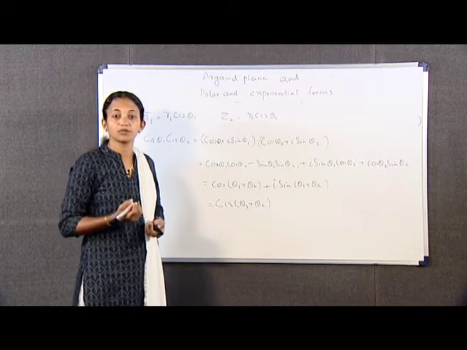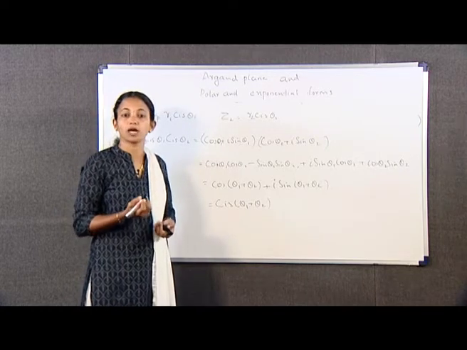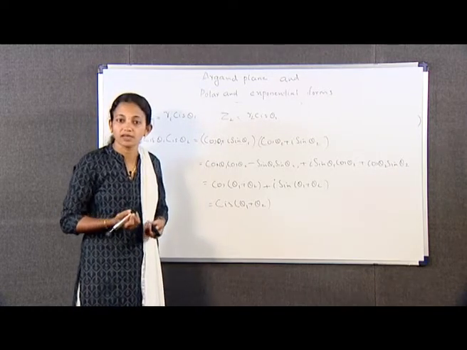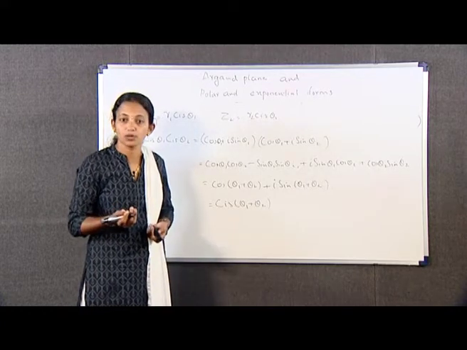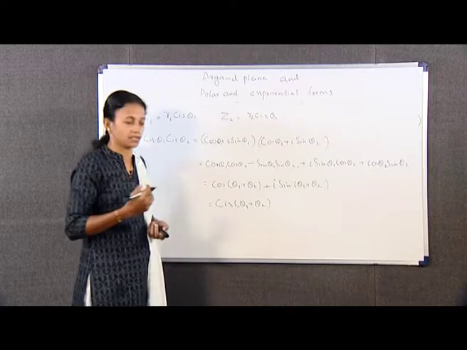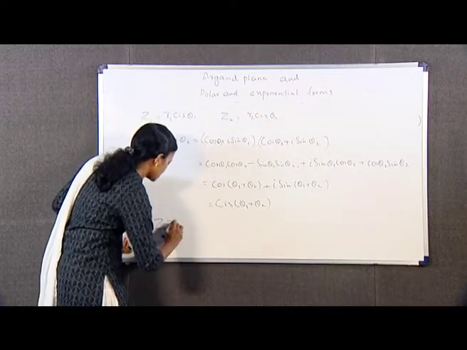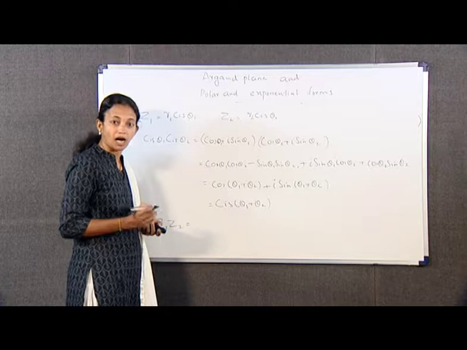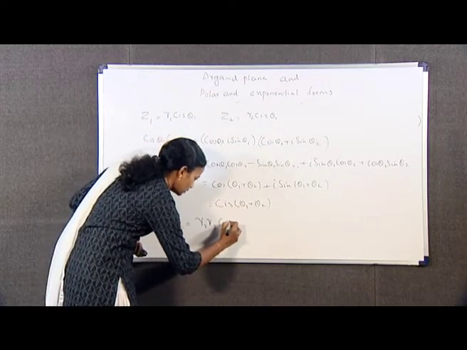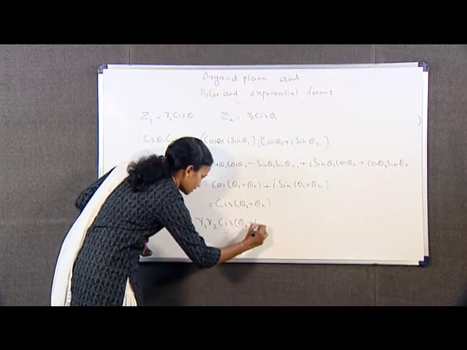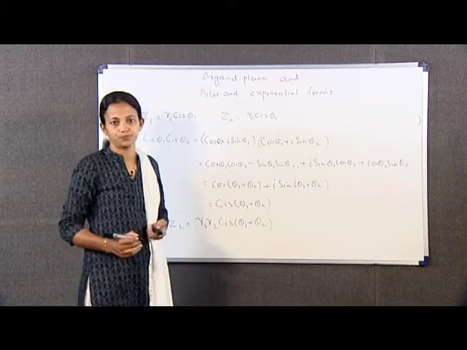Hence, Z1 into Z2 is equal to R1 R2 sec theta 1 sec theta 2, which is equal to R1 R2 sec theta 1 plus theta 2.